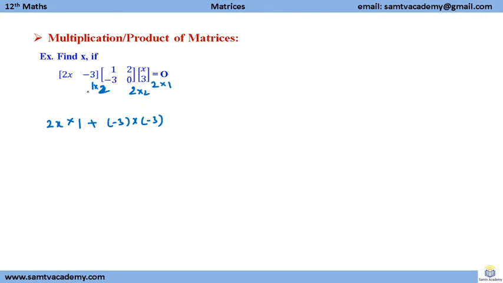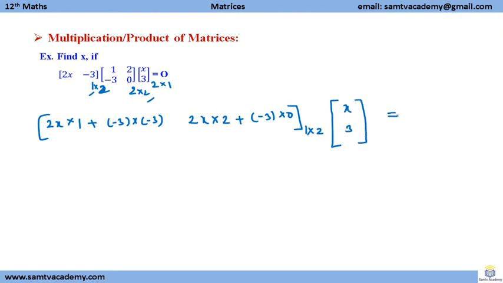and what will be the order we will get? We will get a 1 by 2 matrix, and the next element we will get is 2x into 2 plus minus 3 into 0. This we will get as a 1 by 2 matrix, and this is here x3, that is equal to 0, that is null matrix.